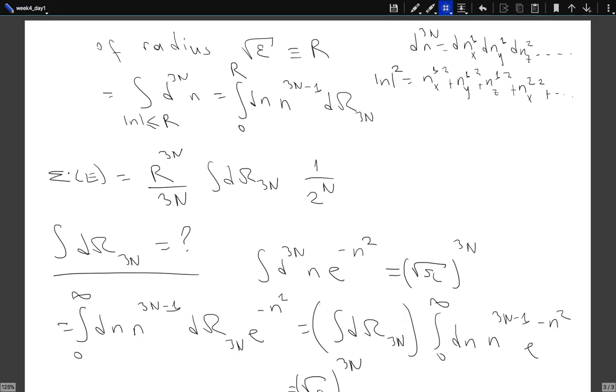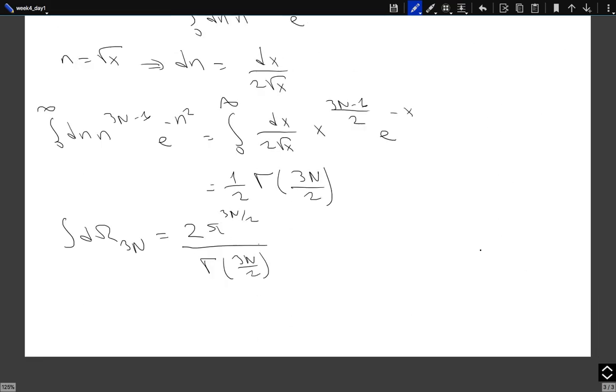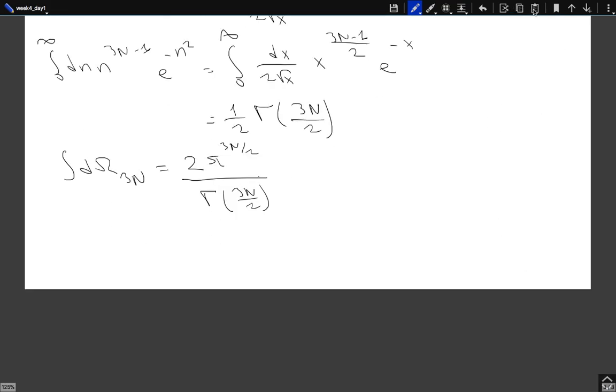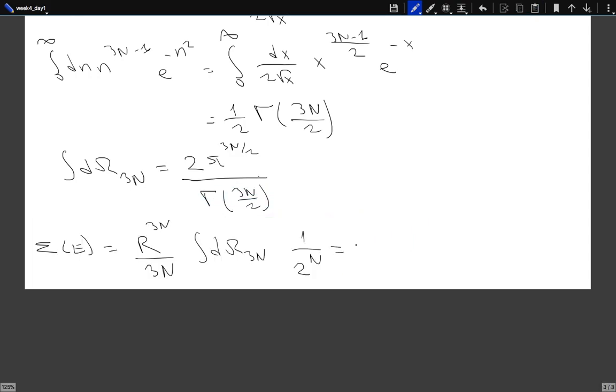Now we know what sigma is. R to the power 3n divided by 3n, times 1 over 2 to the power n, times 2 pi to the power 3n over 2 divided by gamma 3n over 2.